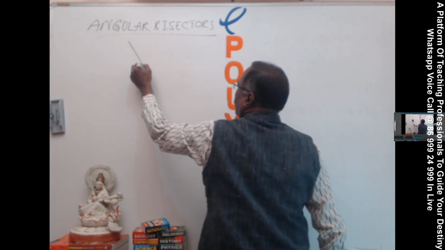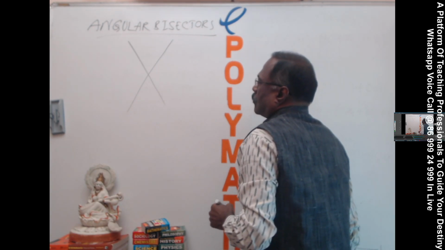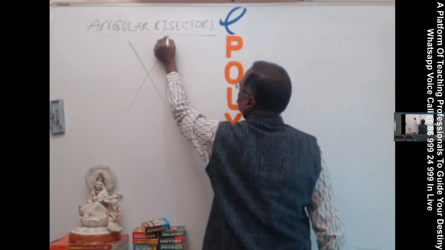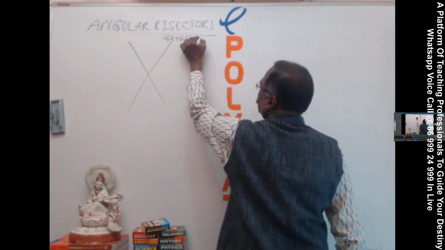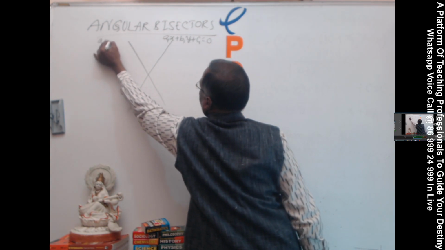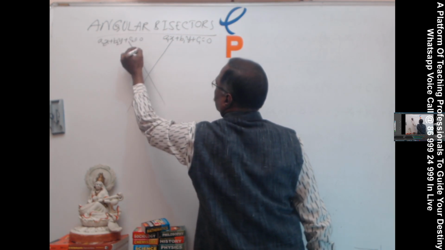There are two lines here. This line, let me write a1x plus b1y plus c1 equal to 0. This line, let me take a2x plus b2y plus c2 equal to 0.